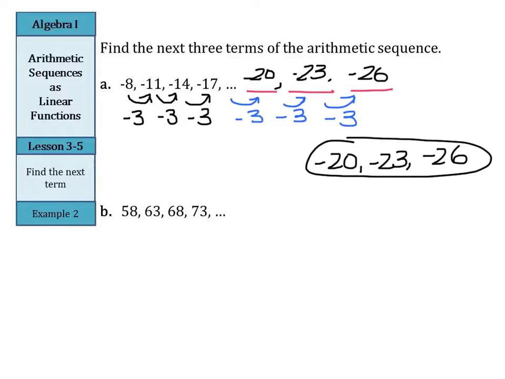We can follow the same process in example B here. From 58 to 63, we are increasing by 5. From 63 to 68, we are increasing by 5, and from 68 to 73, we're increasing by 5.